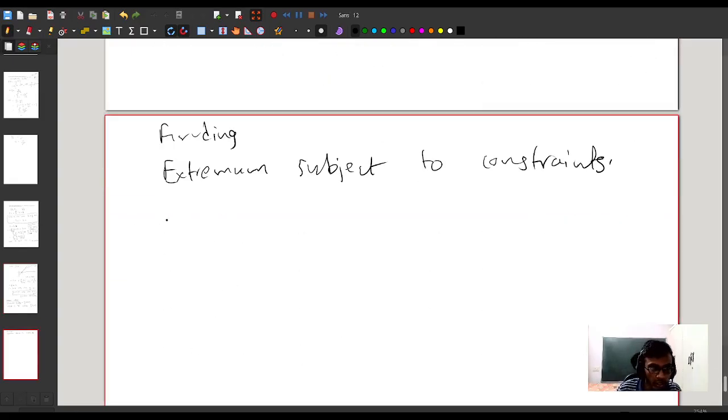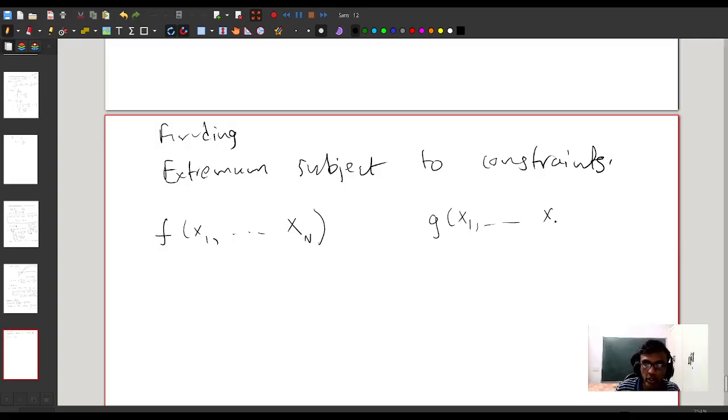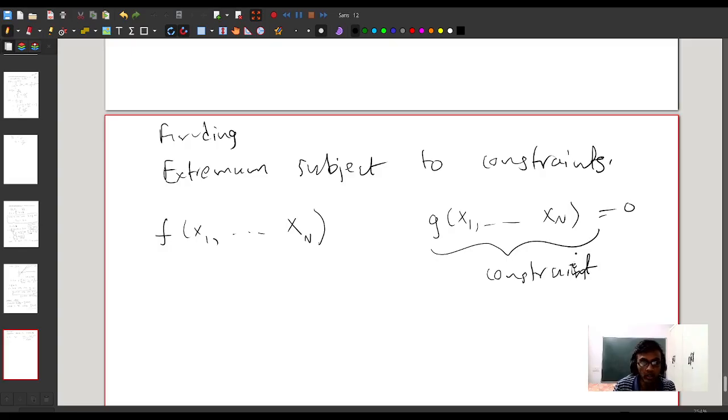Yeah, so let us say we have some function f of variables x1 to xn, and the constraint is g of x1 to xn is 0. So it defines a surface for you in this n-dimensional space, and we have to find stationary points of this function on this surface.